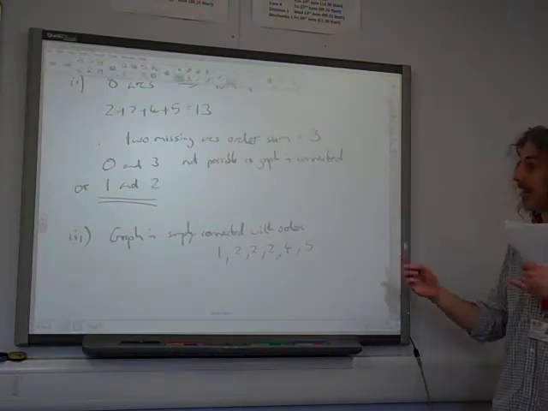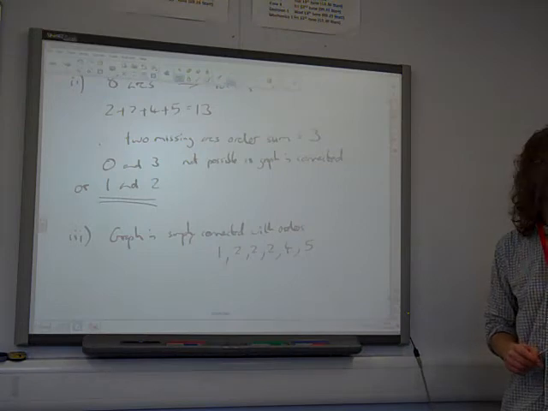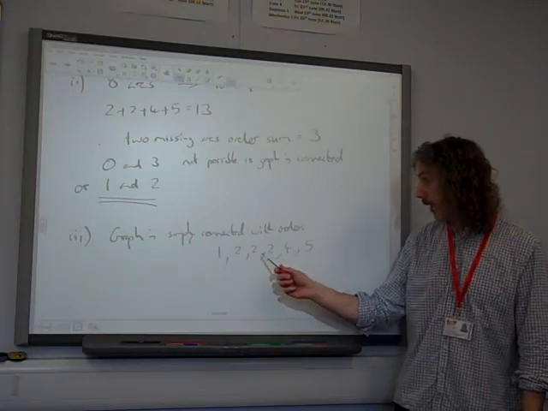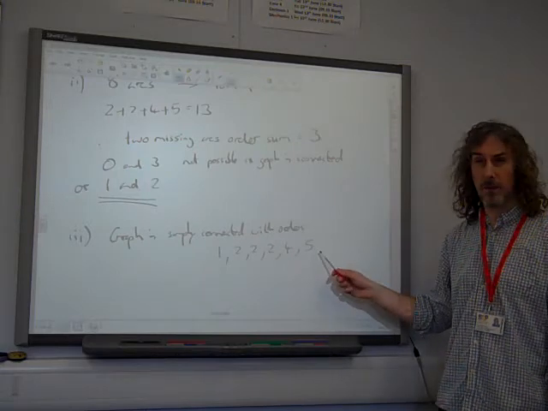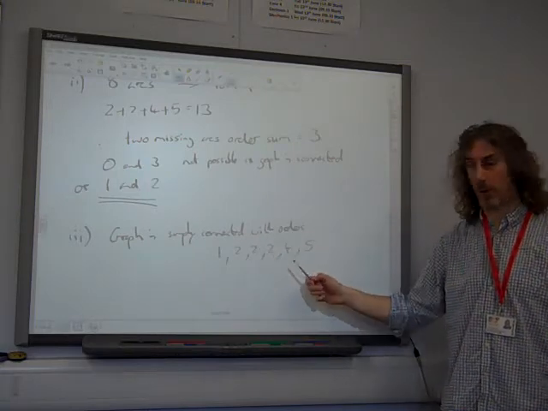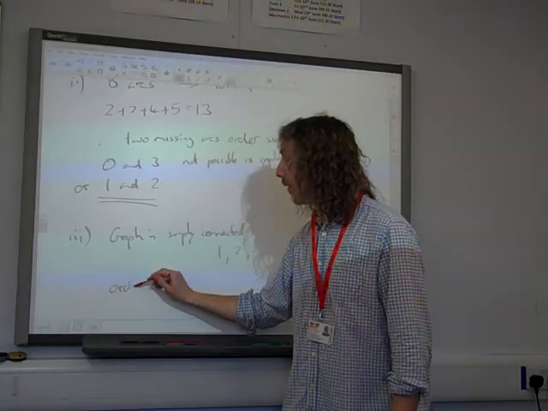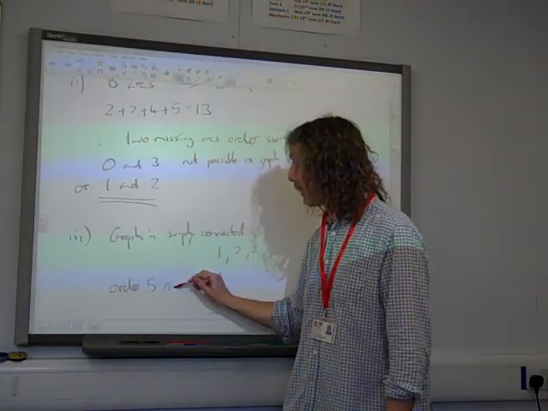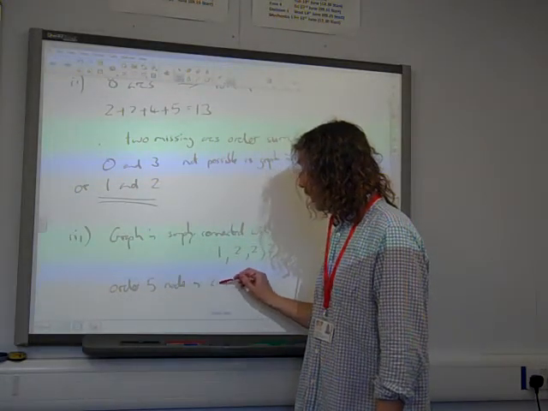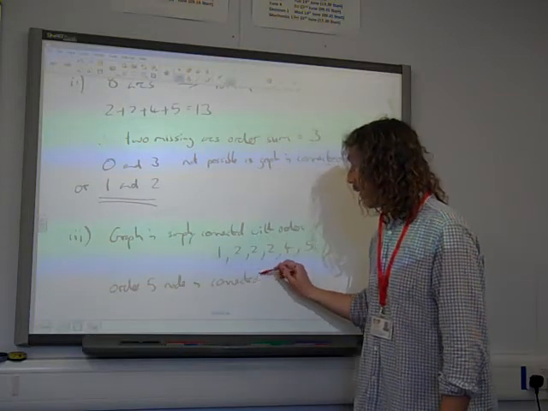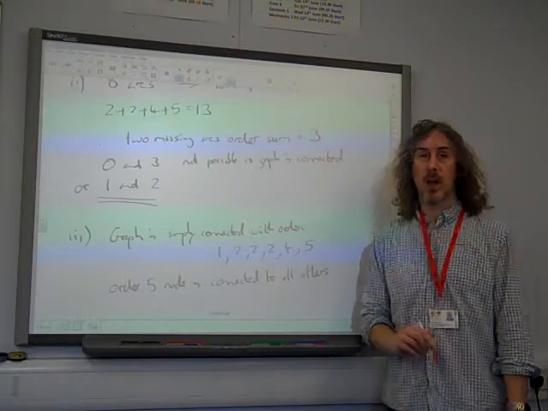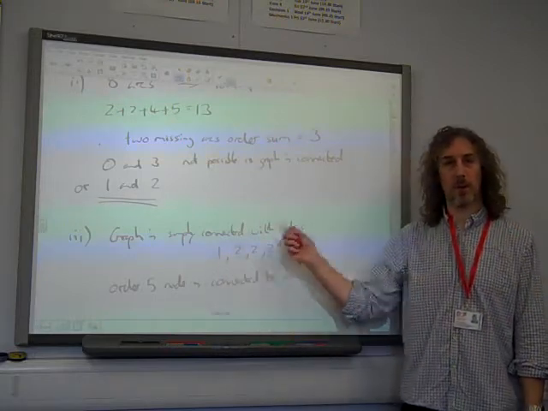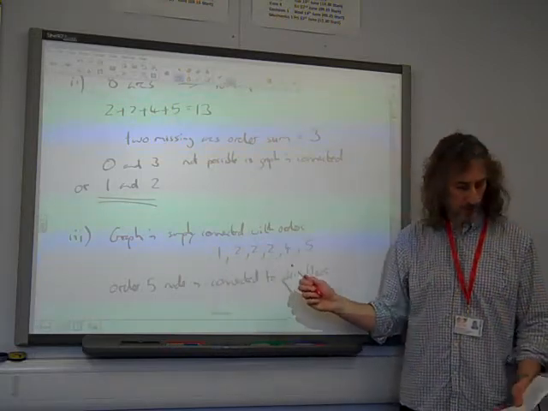So if we think through how the graph is drawn, there are 6 nodes there. So the one of order 5 must be connected to every one of the others. Okay, and that's sorted the one of order 1. That's the only one that's connected to the order 5 one.